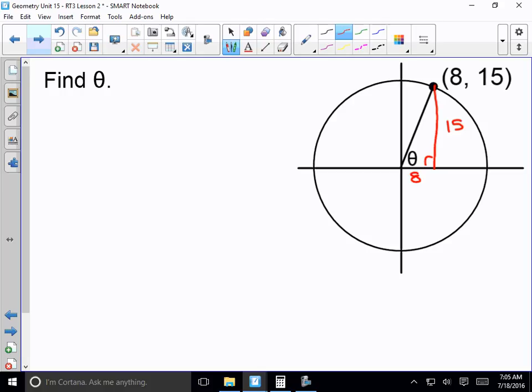I'm standing at theta, so 15 is the opposite, 8 is the adjacent. Looking through my trig functions, SOHCAHTOA, O and A is a tangent. So we want the tangent of theta equals the opposite of 15 over the adjacent of 8.